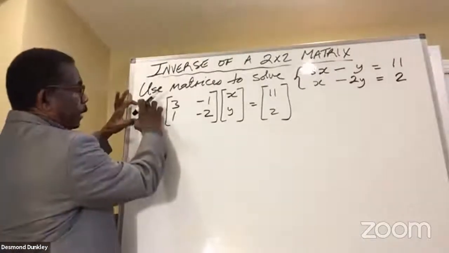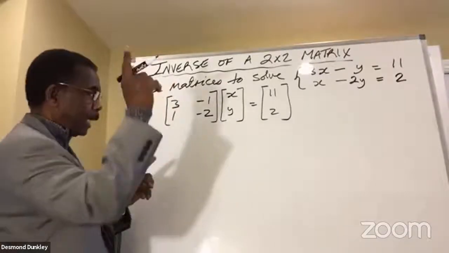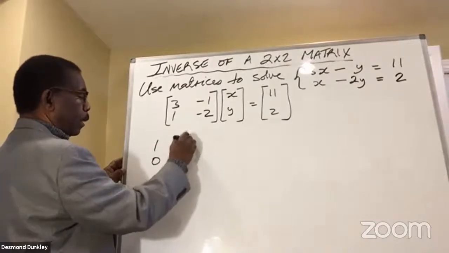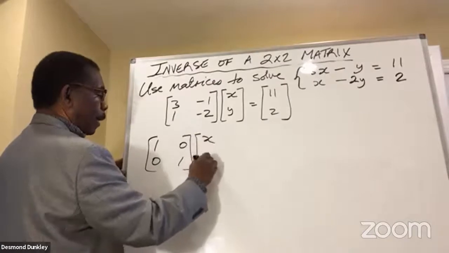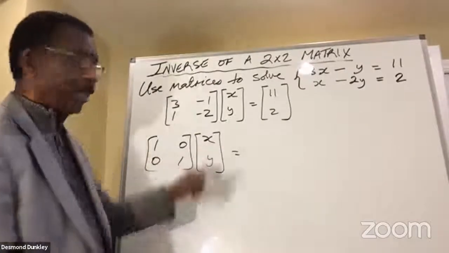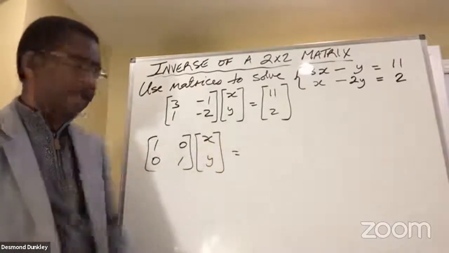If I put the inverse here, the inverse times this gives me 1, 0, and 0, 1. Let's watch this. 1, 0, 0, 1 times x, y. This is going to give us x, y. It will be unchanged.